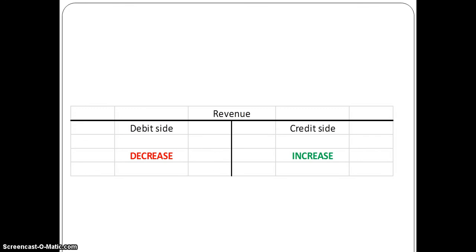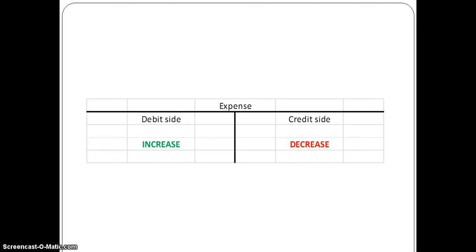Revenue represents an increase in owner's equity, so it has the same posting rules. The debit entry is going to decrease revenue, whereas a credit entry will increase revenue. And expense, being the opposite of revenue, works the other way. So a debit entry will increase an expense, and a credit entry will decrease an expense.